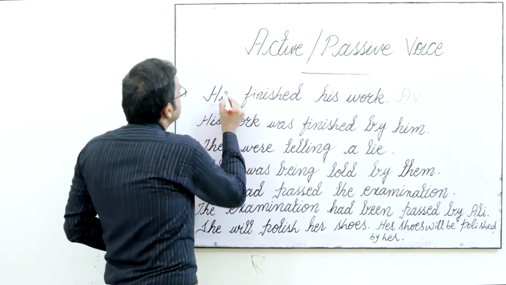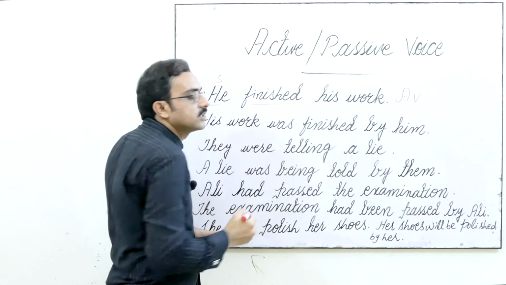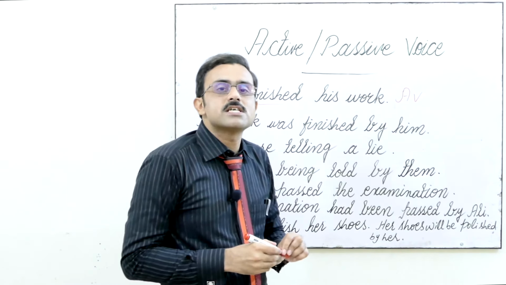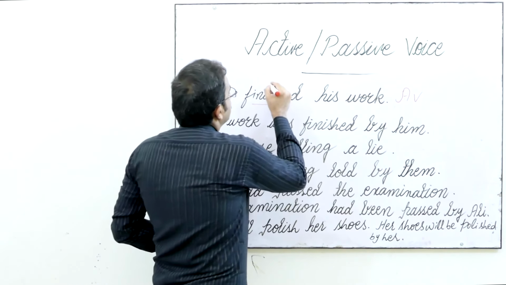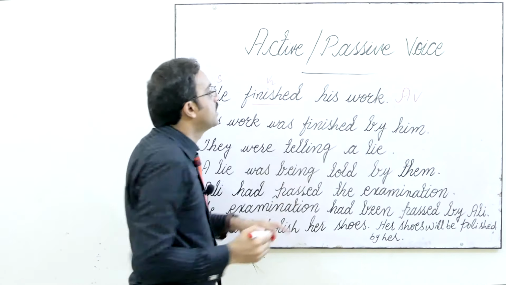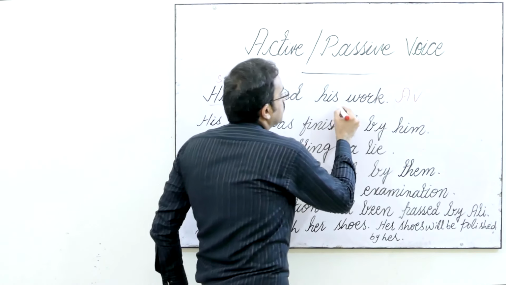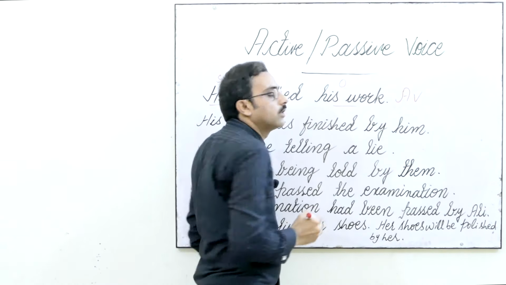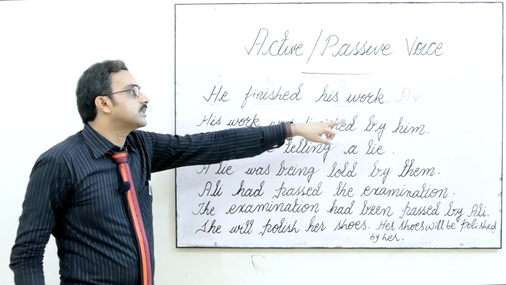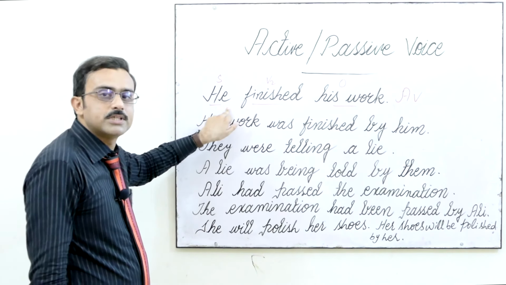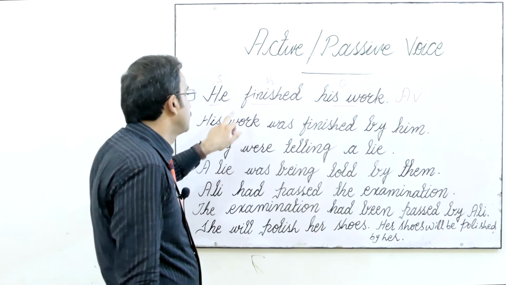He is your subject. Finished is the second form of verb, meaning past tense, V2. His work is your object. Got that? So this is active voice because the subject, the performer, is active.